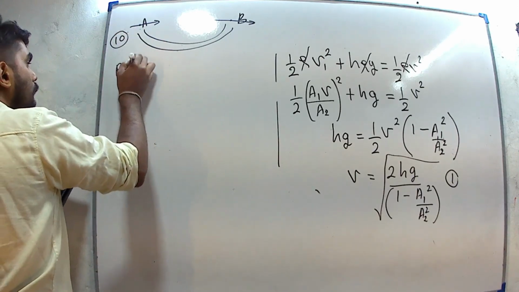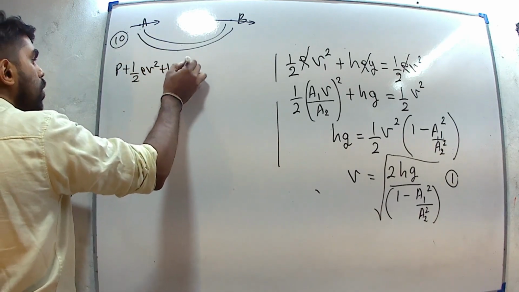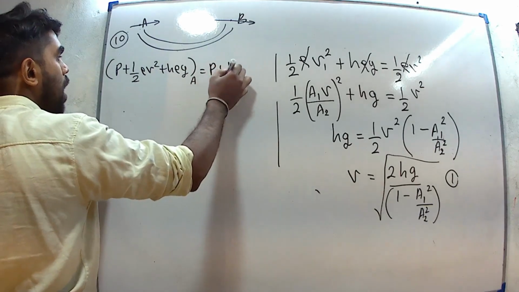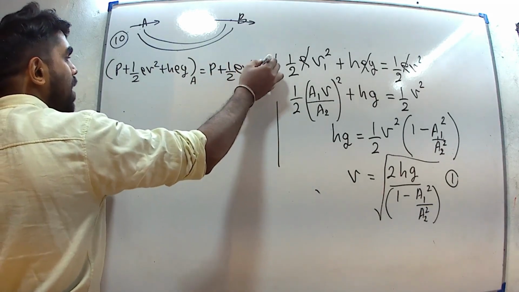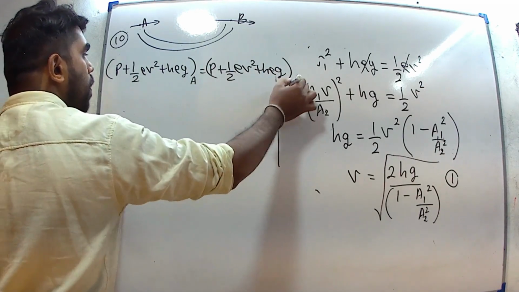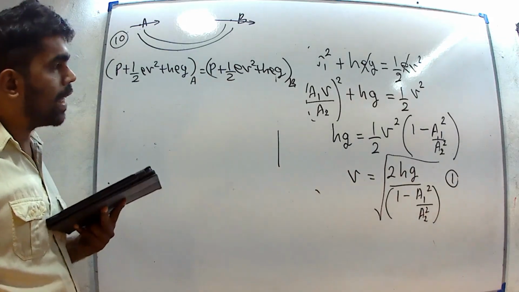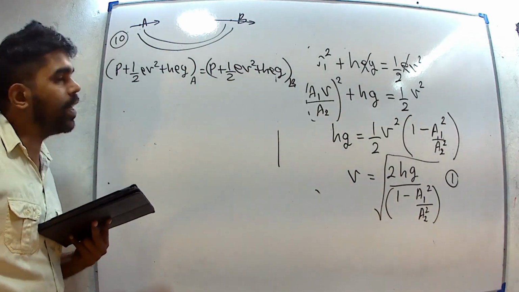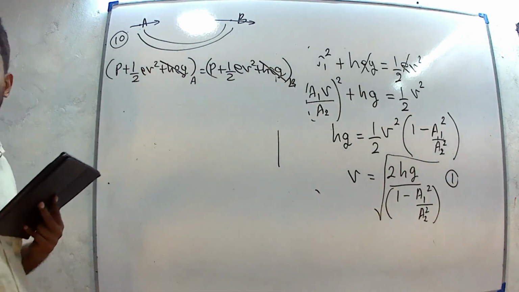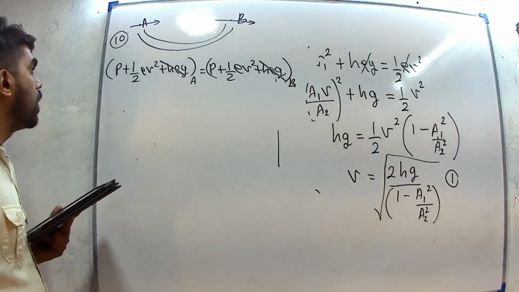P plus half rho V squared plus h rho G for point A should be equal to P plus half rho V squared plus h rho G for point B. Now they have given that there is the same height for both points. We can cancel out h rho G in the same horizontal line.